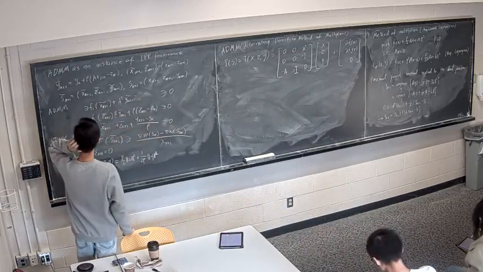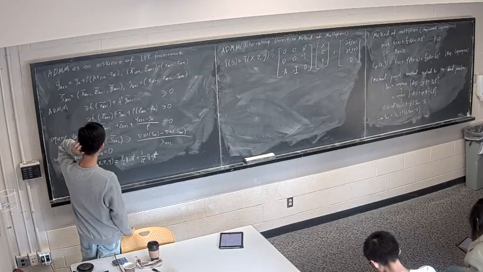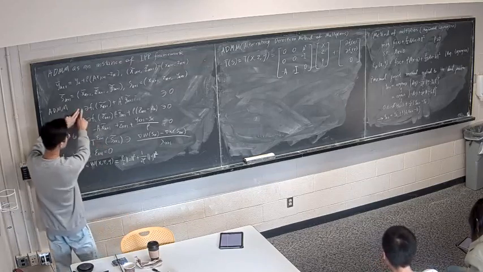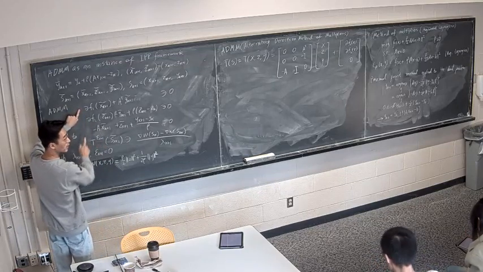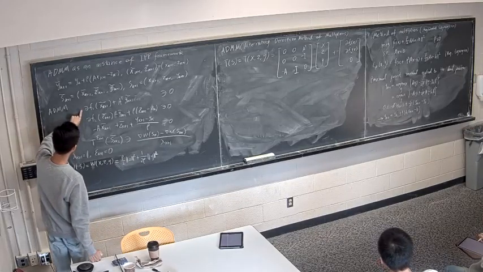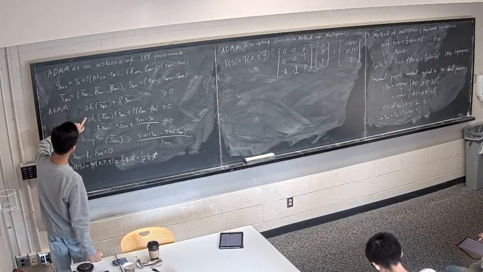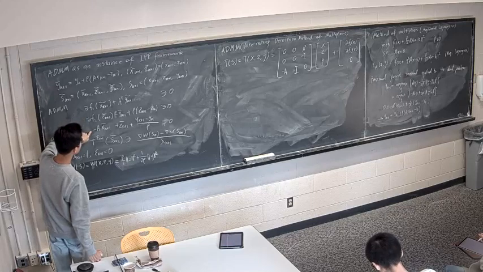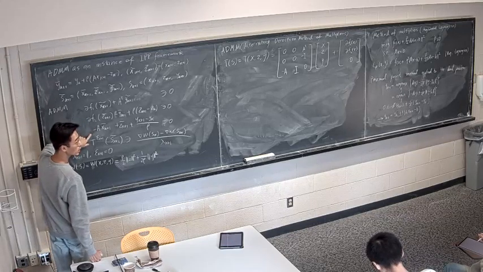So the ADMM can be shown. So these three updates are the ADMM updates. This is the optimality condition for the x update. This is the optimality condition for the z update. And this is just a reformulation of the dual update.